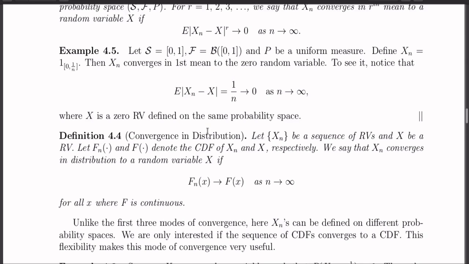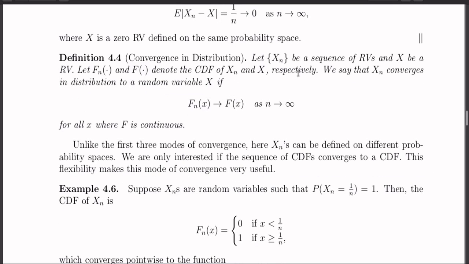But in the case of distributional convergence, this condition is not needed, because it does not matter on which probability space Xn or X are defined. I have the distribution function, and a distribution function is always a function from R to R. So I can talk about this convergence no matter on which sample space X1 is defined, on which sample space X2 is defined, on which sample space Xn is defined, and so on, and which sample space X is defined.